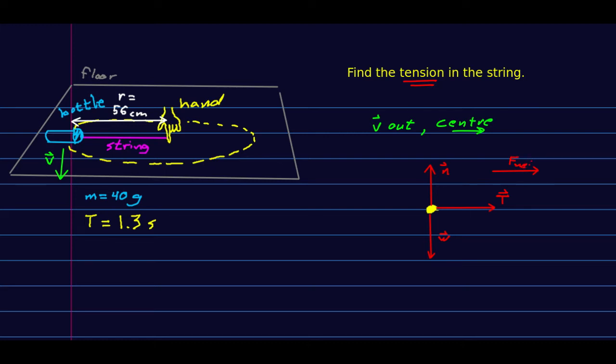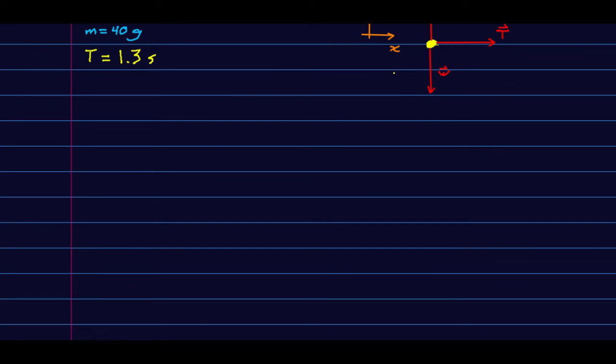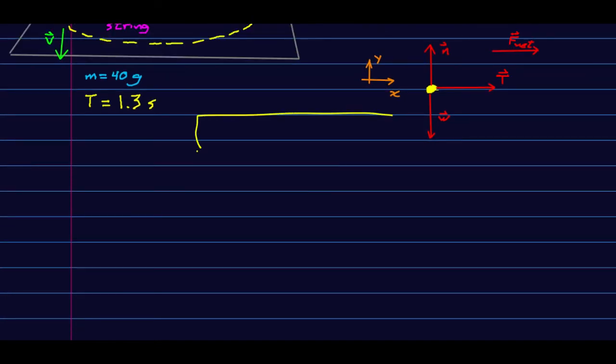And now all of our forces are either up or right, and so it makes sense to set our axes like so, nothing fancy. And so our next task is to translate that free body diagram into a statement of Newton's second law.